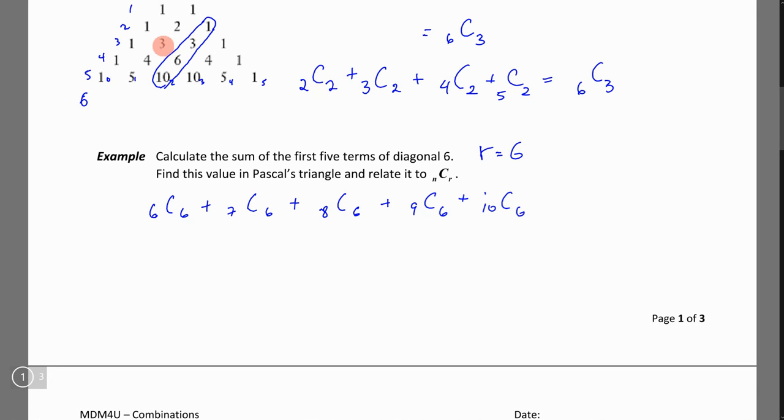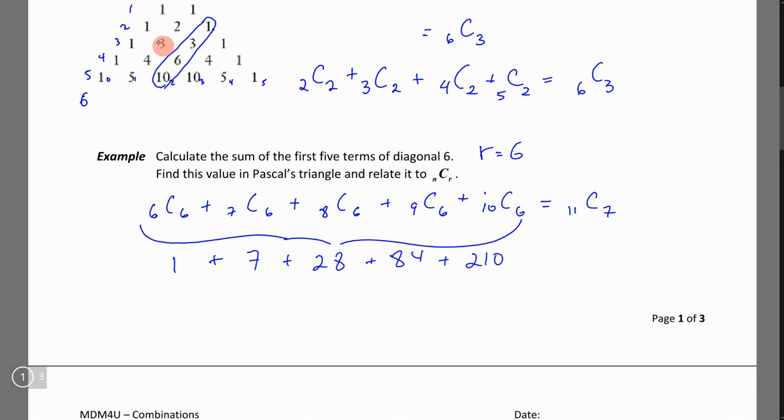These are the first 5 terms along the diagonal, which will be equal to 11 choose 7. So all of this, if I add them together, I'll get 1 plus 7 plus 28 plus 84 plus 210, which is 330.